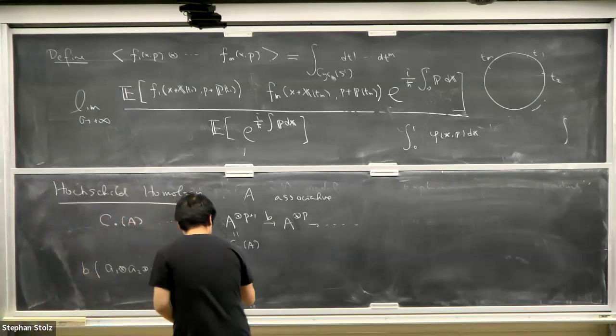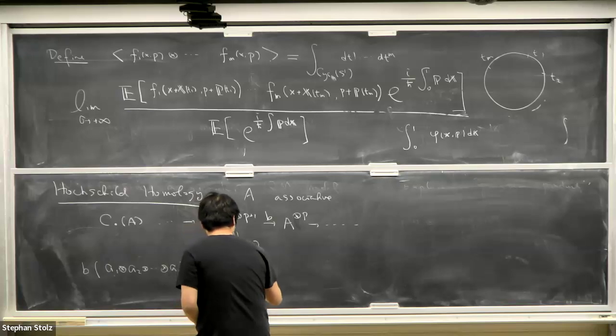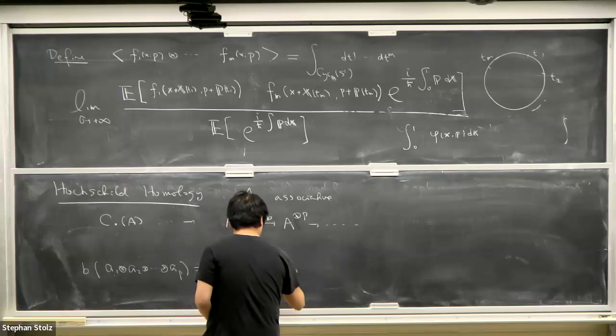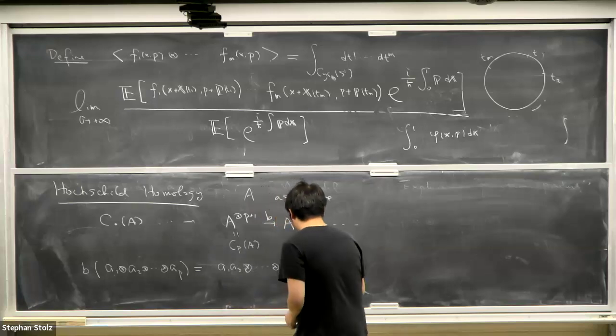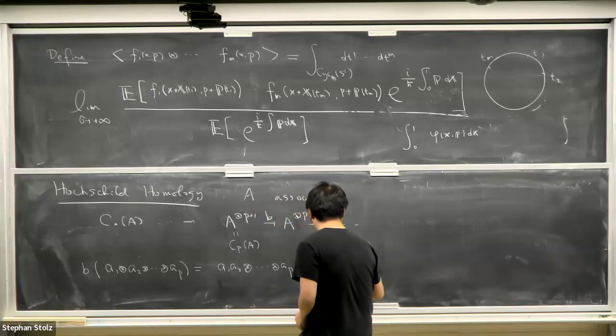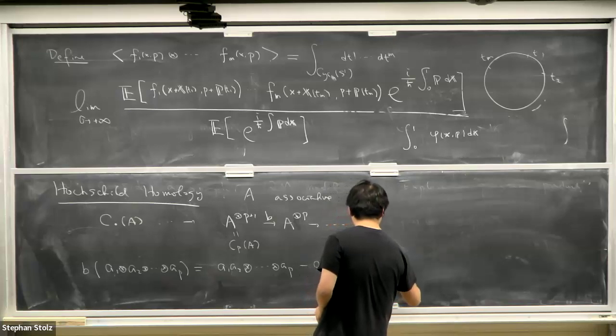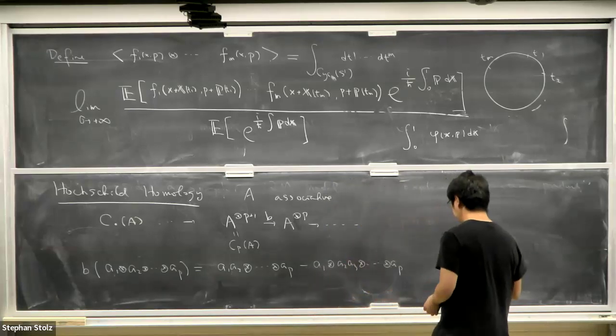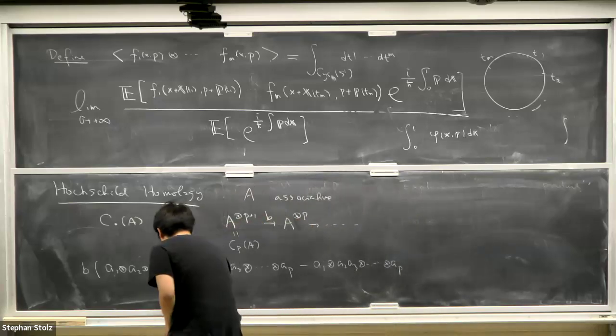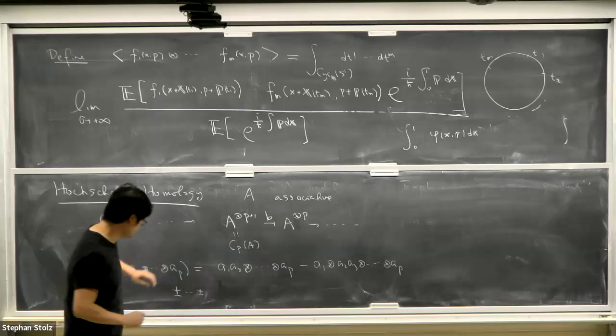So it's A1 A2, subtract the A1 tensor A2 A3, and so on, until you get the last two.